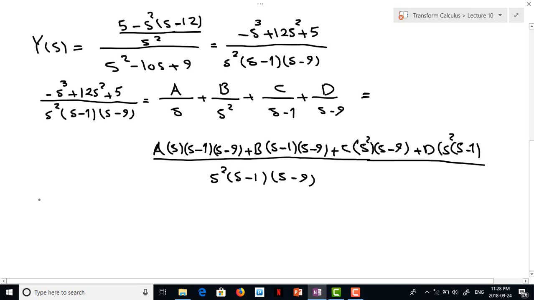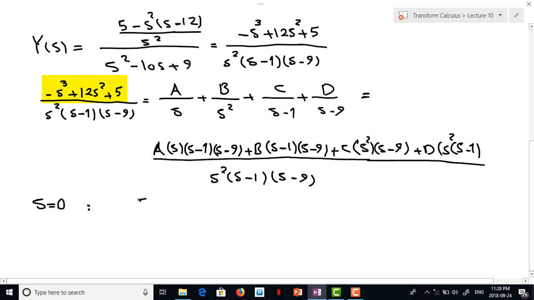Now I use the second approach, so I assume that s is equal to 0. If s is equal to 0, on the right hand side of the equation we have minus 0 cubed plus 12 times 0 plus 5.